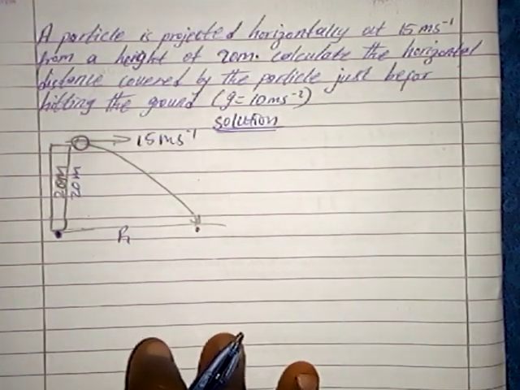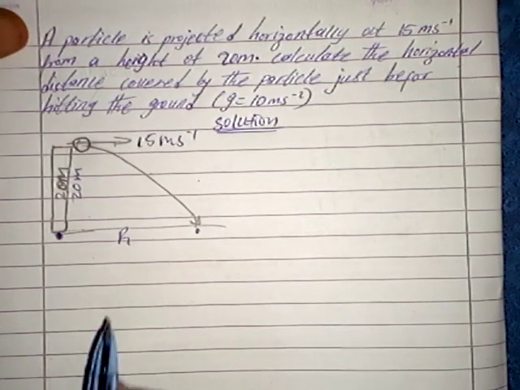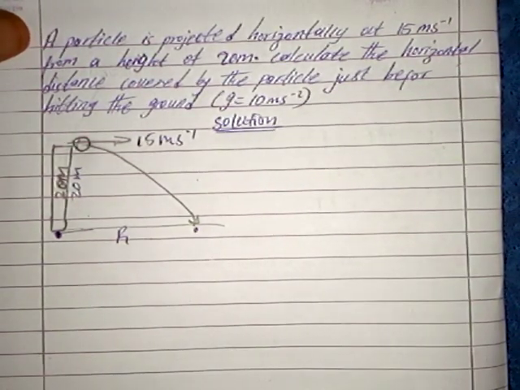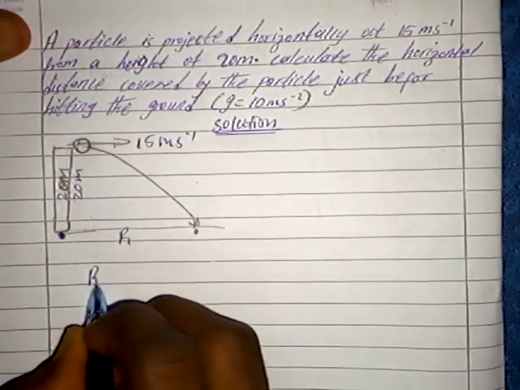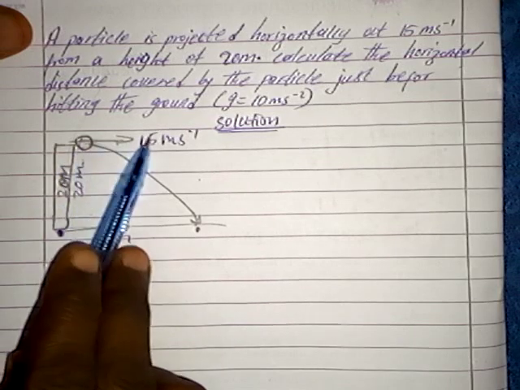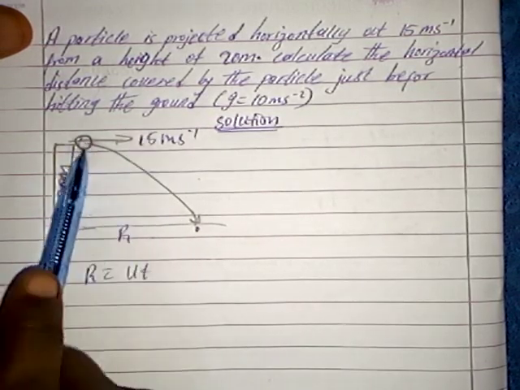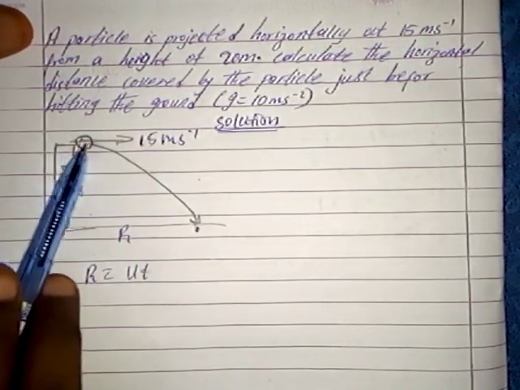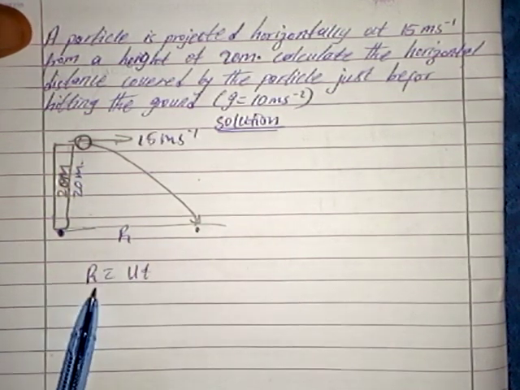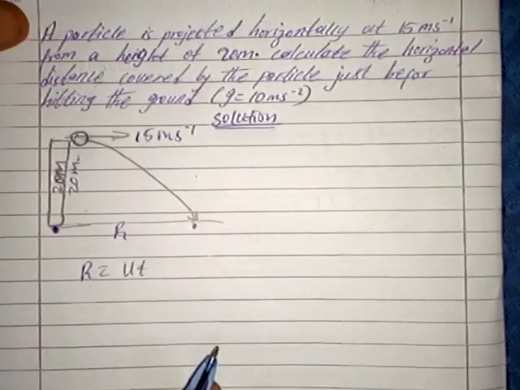Now, what is the formula to find the range, which is the horizontal distance? The formula we use is range equals ut: the initial velocity and the time it took, the time of flight. That's what will determine the range, the horizontal distance.